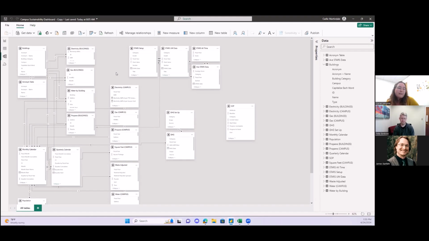Yeah, so I learned how to build this report by looking at other Power BI reports and attempting to reverse engineer them. Fortunately, there are some other universities out there that have really nice Power BI sustainability reports.